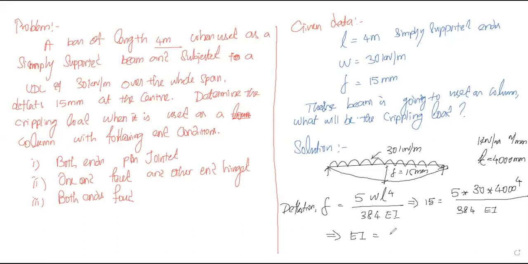So the EI value is 6.667 into 10 to the power 12 Newton mm square.